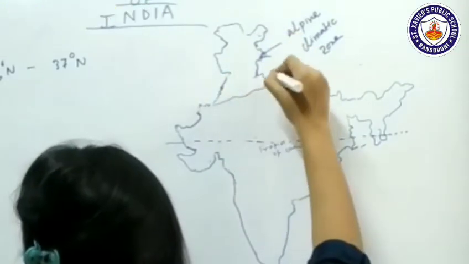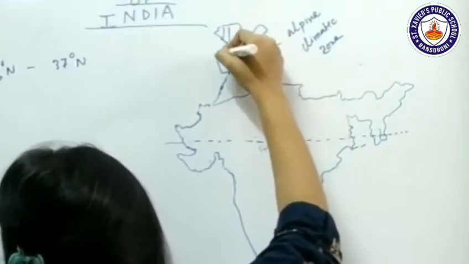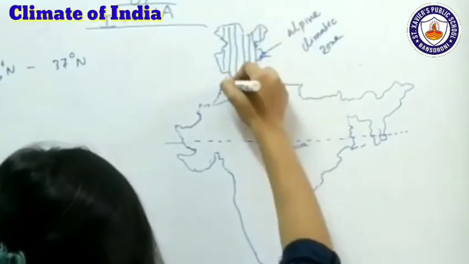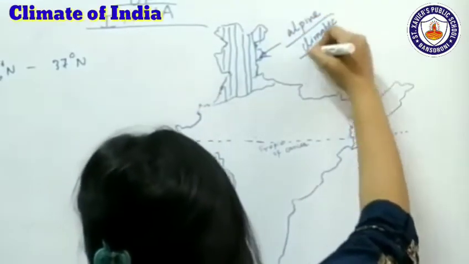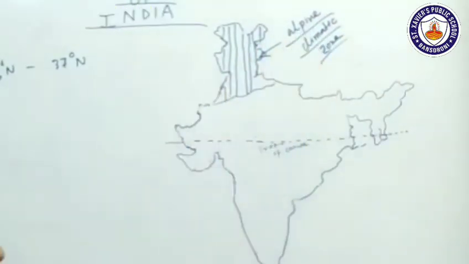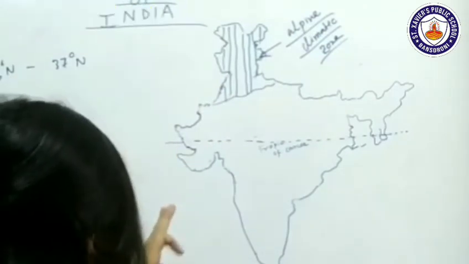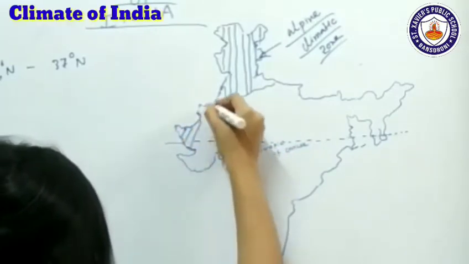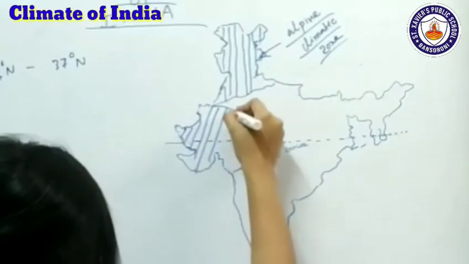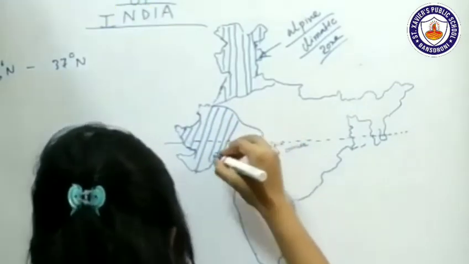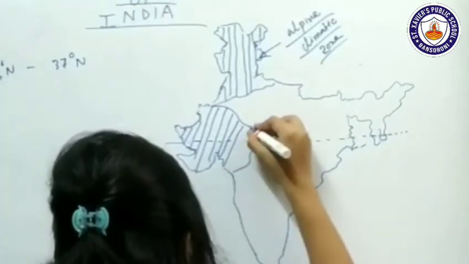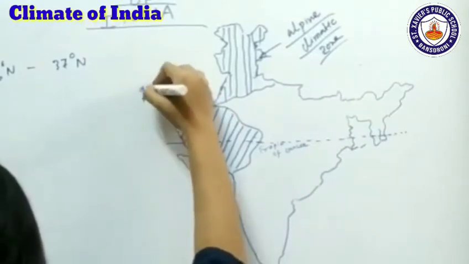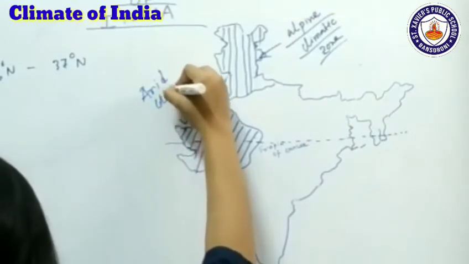you see that the northern portion of the Indian subcontinent is included under the Alpine climatic zone. And if you consider the western part, it is known as the arid climatic zone.